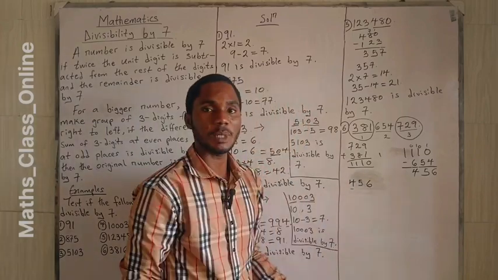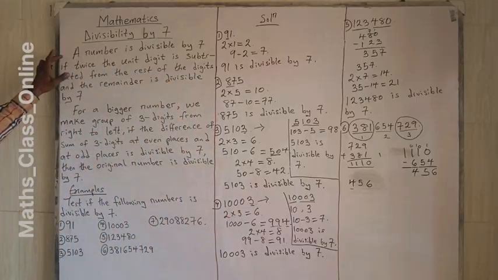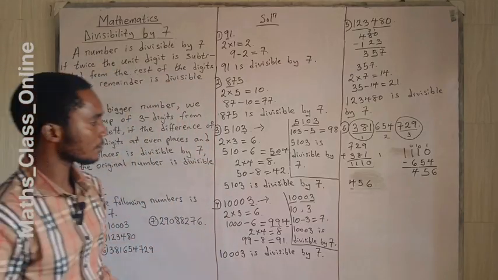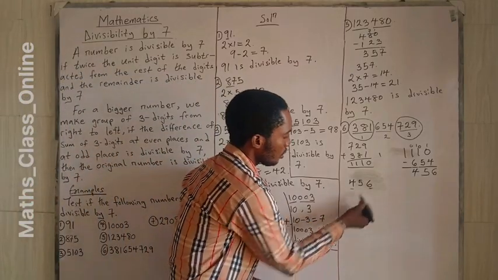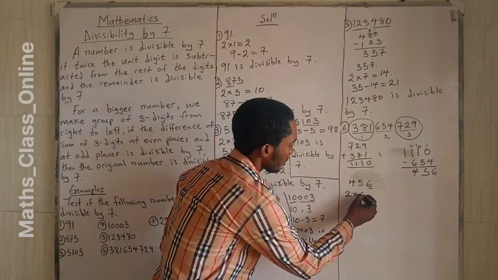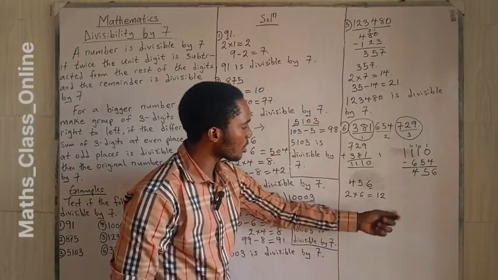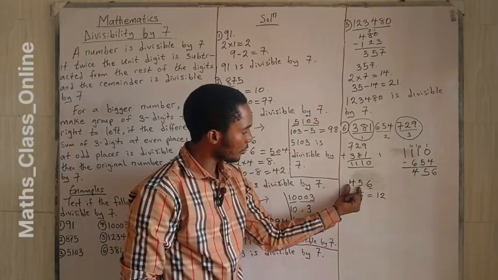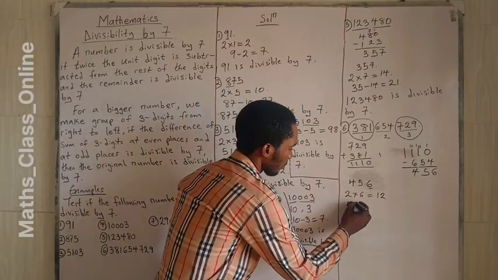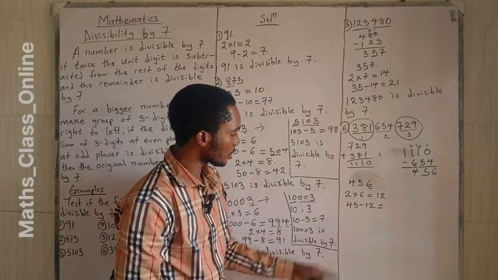456. Is it divisible by 7? This is a bigger number. Let's apply the first rule. Twice the unit digit. The unit digit here is 6. So 2 times 6 is equal to 12. We are going to subtract 12 from 45. And 45 minus 12 is what?